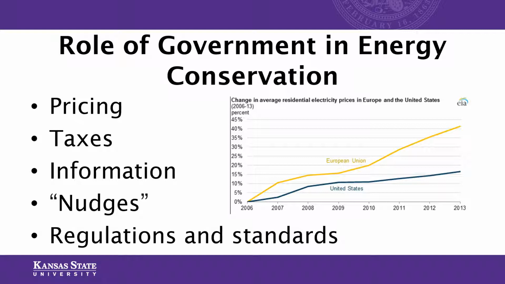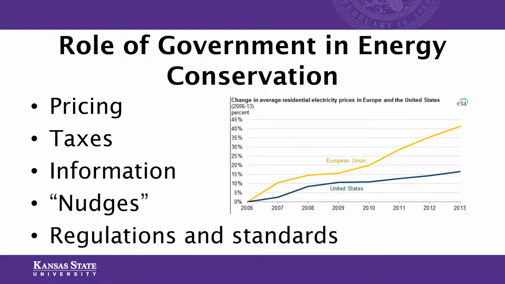So this figure shows you the yellow line is the EU, the blue line is the United States, and this is prices. And so you can see that back in the early 2000s, EU and the United States energy prices were almost the same. And through very aggressive government policies, the EU's electricity prices have increased.